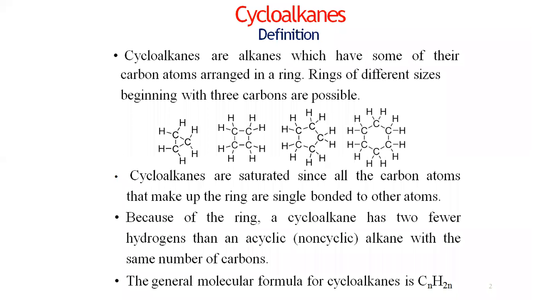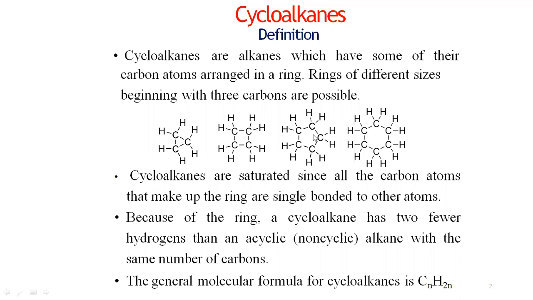So our first cycloalkane is cyclopropane, as it possesses 3 carbon atoms in its structure. Cyclopropane is followed by the 4 carbon atom containing cycloalkane molecule, cyclobutane.